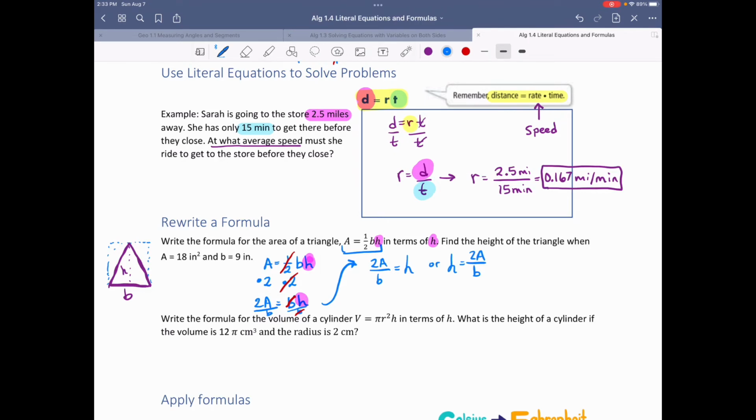Find the height of the triangle when the area equals 18 inches squared and the base equals 9. So what we're going to do is we're just going to plug in the area and we're going to plug in the base to the equation over here. So we're going to plug it into here and we're going to plug it in to the area.